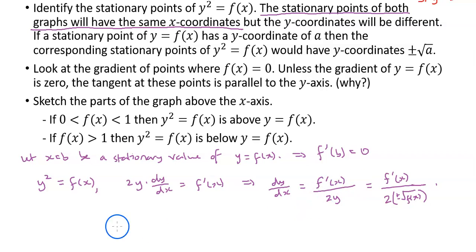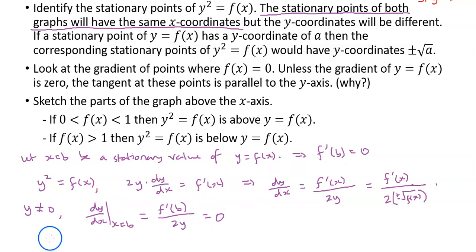So the point is, as long as our y-coordinate in this graph does not equal 0, and if it did, we would also have f of x equals 0 at that point. But let's suppose y does not equal 0, then clearly dy over dx at the point x equals b is equal to f prime of b divided by 2 times y, which is equal to 0, since f prime of b equals 0.